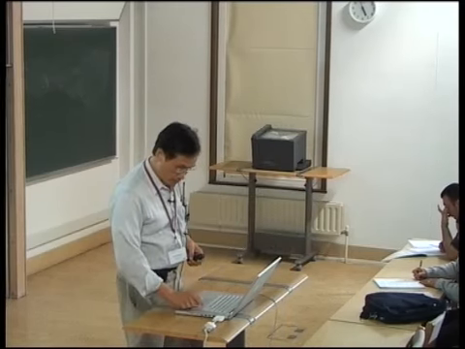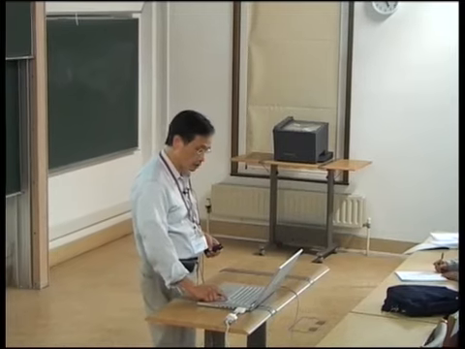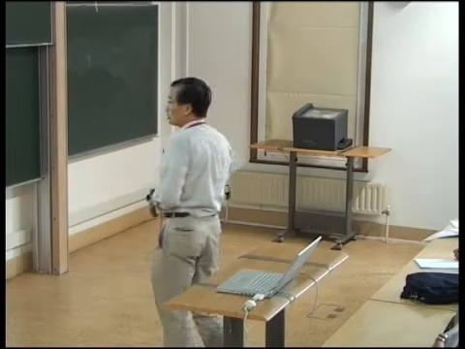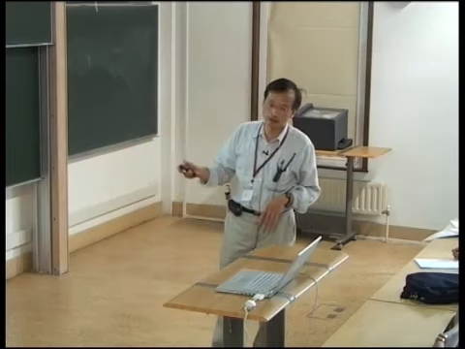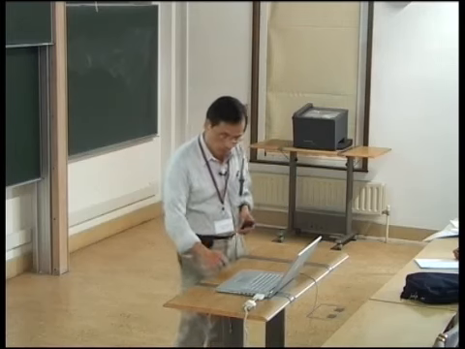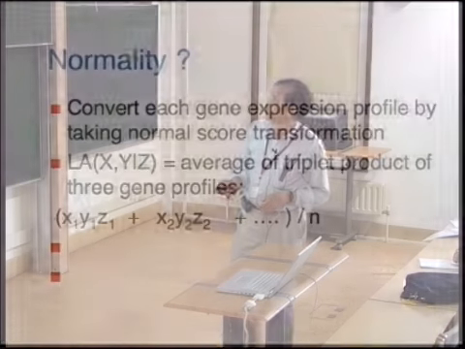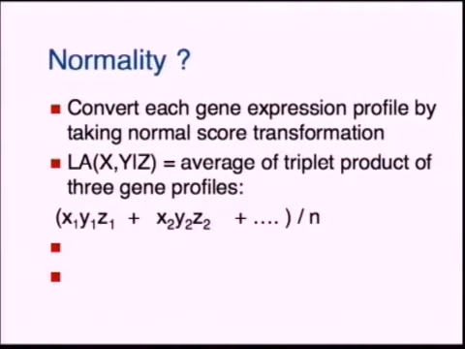Now, gene expression data are hardly normal. So what we do is simply a normal score transformation to force the z to follow the normal distribution, and I applied that to all the genes. And so this is the formula. You have different conditions, you simply do this triplet product and take the average.